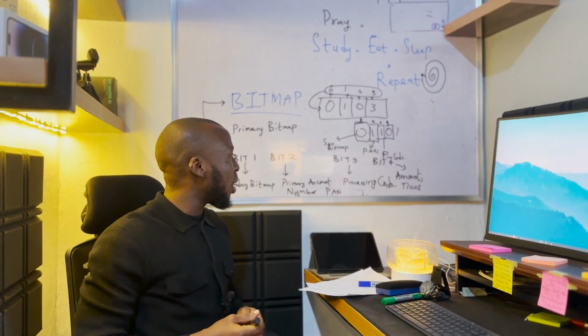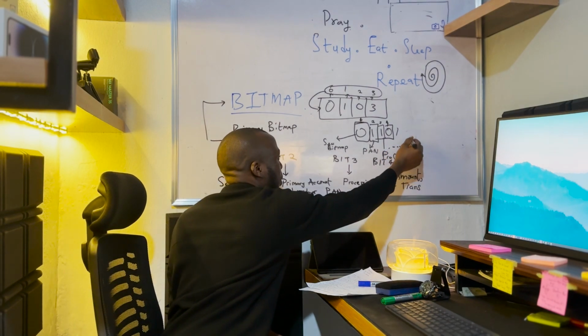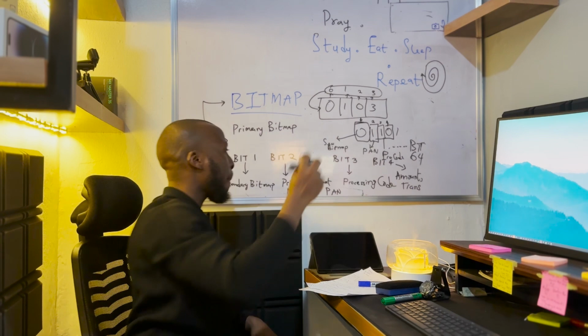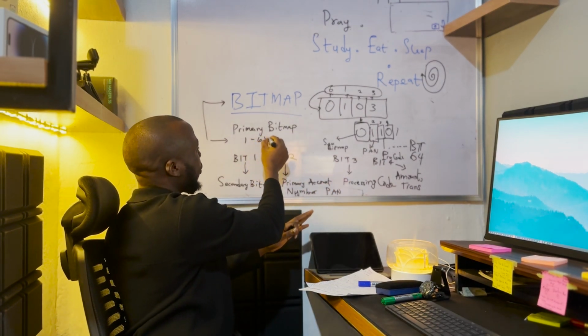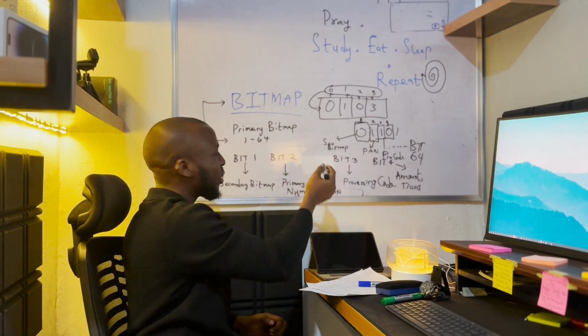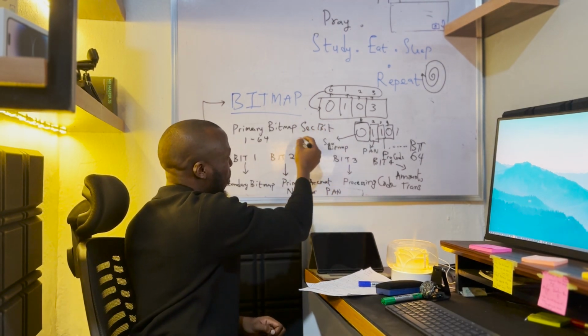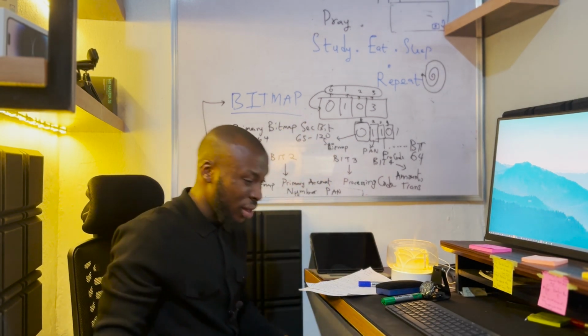All right. And this spans up to about bit 64. All right. So your primary bits is usually from 1 to 64. And I think your secondary bits is usually from about 64 to 120, if my memory serves me right.